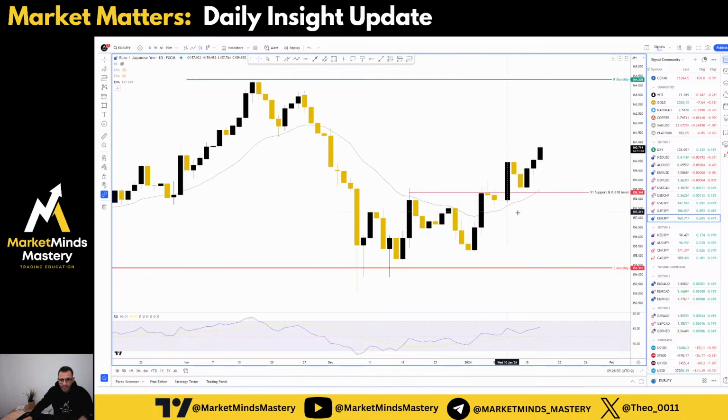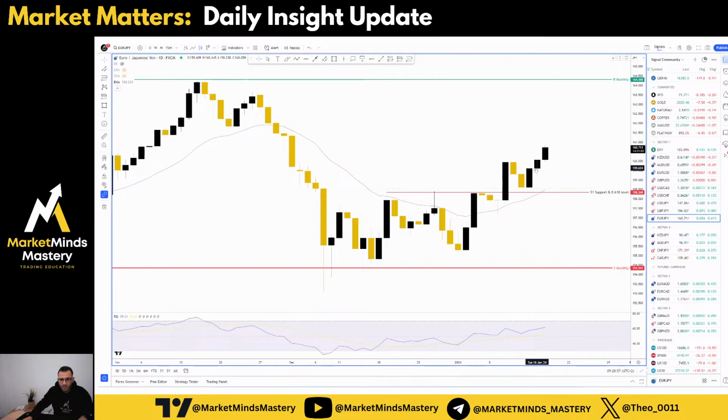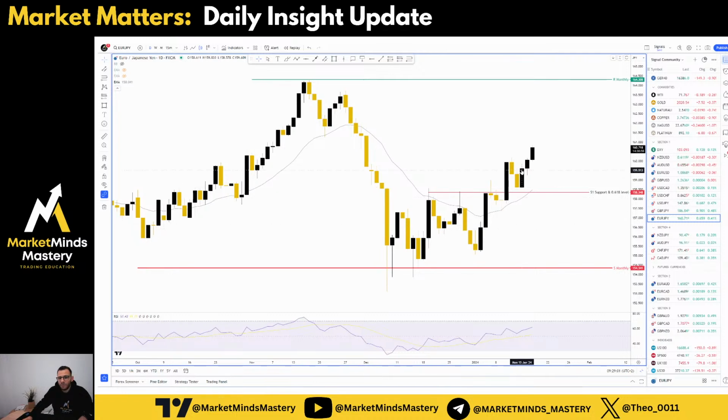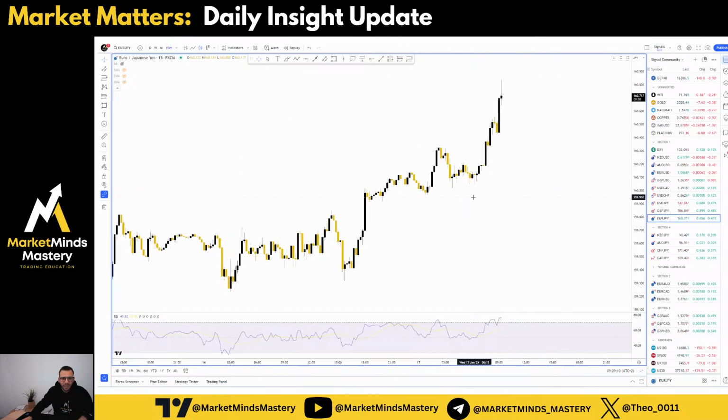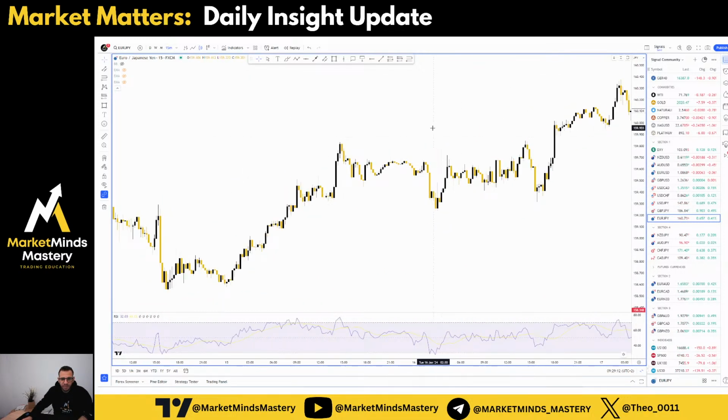Euro Japanese yen, it was almost a bullish engulfing, but we managed to do something with this one. That was one of the best trades actually for this week. Not on the daily, because on the intraday, let's say on the 15-minute time frame, we had this yesterday.